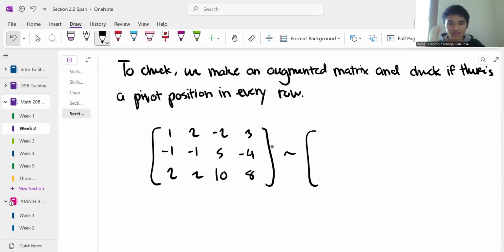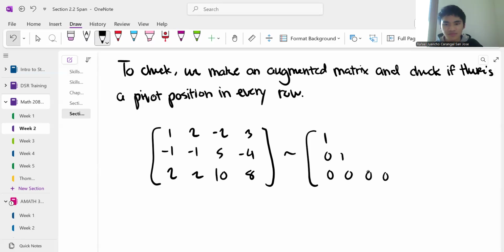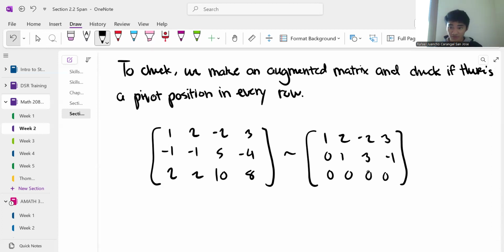And this is equivalently, in echelon form, 1, 0, 0, 1, 0, 0, 0, 2, -2, 3, 3, 1, 3, -1. What do we notice? There is a pivot position, but not in every row, right?